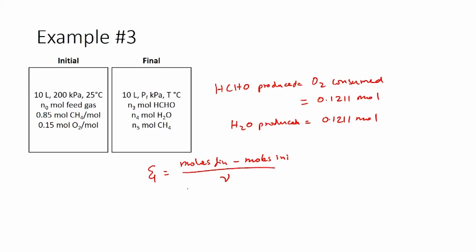If you were to use oxygen, you would have 0 minus 0.1211 divided by minus 1, giving you 0.1211 moles. That is the extent of reaction, and this can be used while we perform the energy balance calculations.